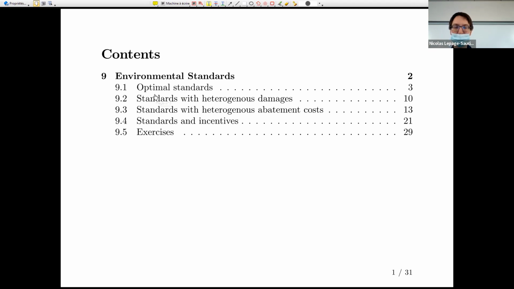We're going to look at optimal standards, what they are, standards with heterogeneous damages, standards with heterogeneous abatement cost, standards and incentives, especially incentives to innovate, and then some exercises. This chapter isn't all that difficult.